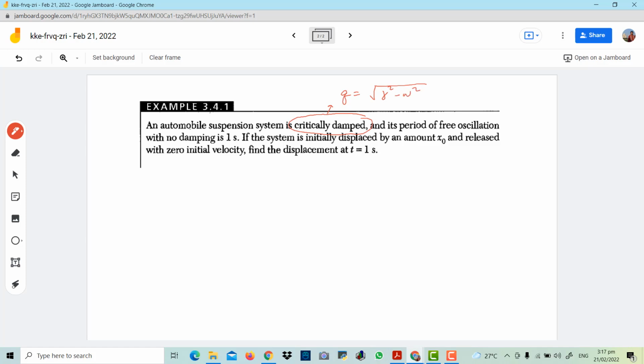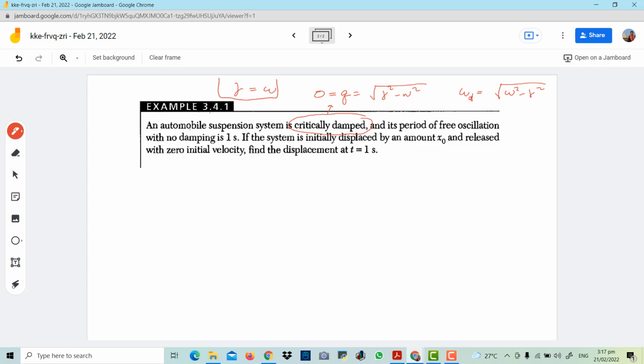Take note, the Q is, for omega D, omega D is just equal, this is for underdamped oscillator, omega D is omega square minus gamma square. Take note of that. While your q is gamma square minus omega square, okay? When it is critically damped, then this q, which is equal to the square root of that, is equal to 0. It means that the damping factor is equal to the angular frequency. Okay, so that is the meaning of critically damped.